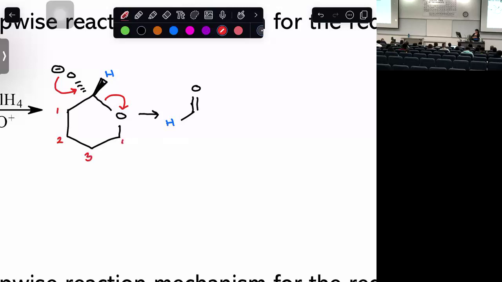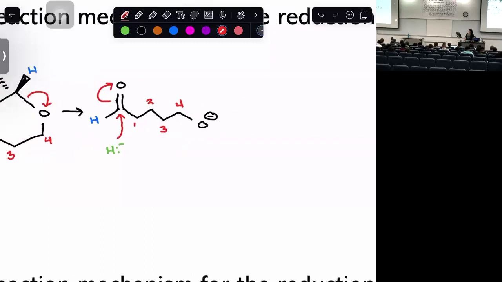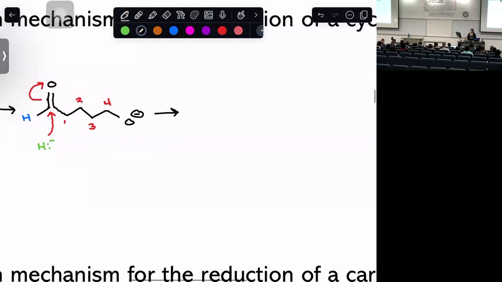And then we keep track of our carbon chain. Beautiful. Now what happens? Another hydride comes and does the nucleophilic attack, kicking up the electrons. So now we don't have any more double bonds.